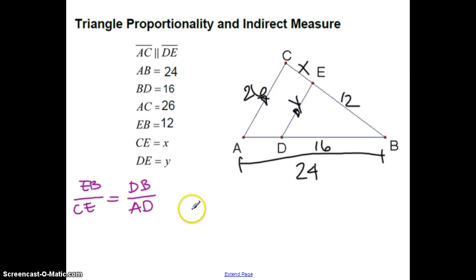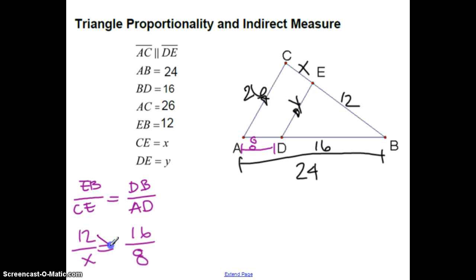Let's fill in all of our information here. We're going to be solving for X. So EB equals 12, CE equals X, DB equals 24 minus 16. We have to find what this piece is. 24 minus 16 gives us 8. So DB is 16 and AD is 8.